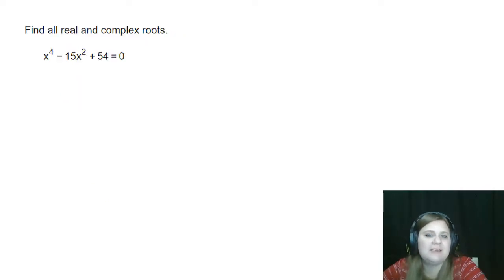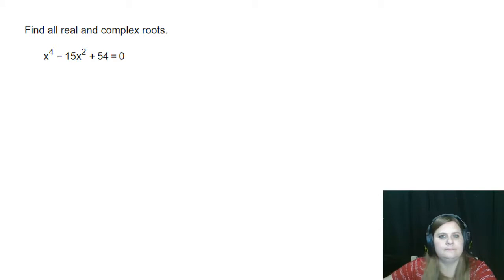All right, attempt to find all the real and complex roots of this quadratic form polynomial equation. So first of all, we try and figure out, can we factor this?